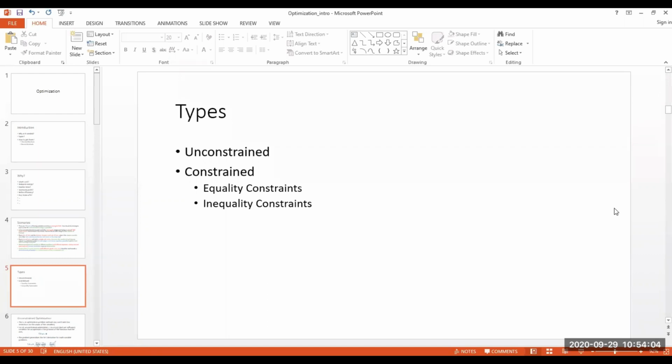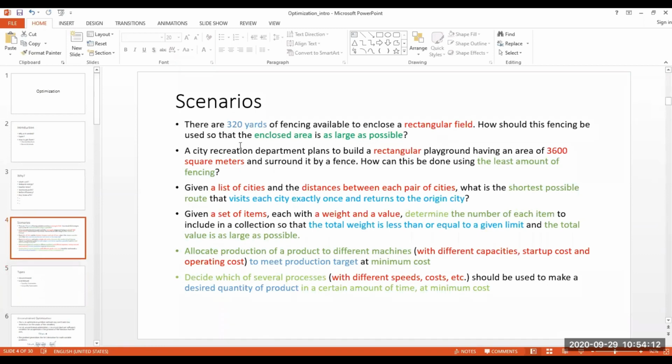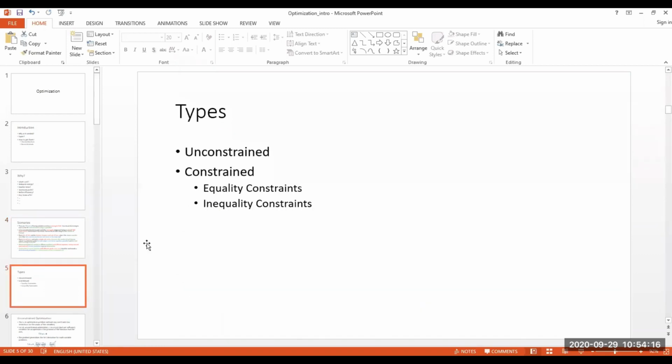This is type 1. Type 2 is constrained examples. You may have equality constraints, as we saw in this case. 320 yards was our equality constraint, and you may also have inequality constraints. As we move along, the examples will come up one after another.